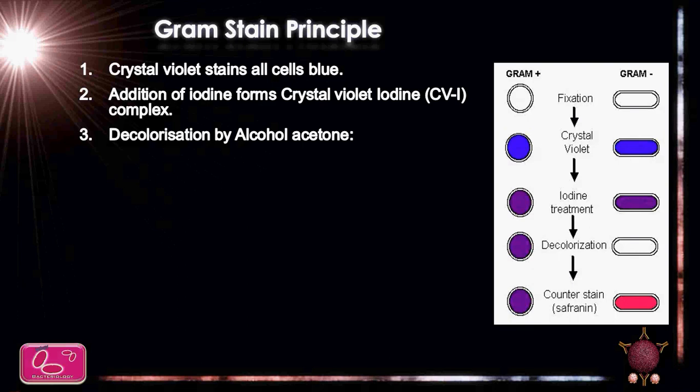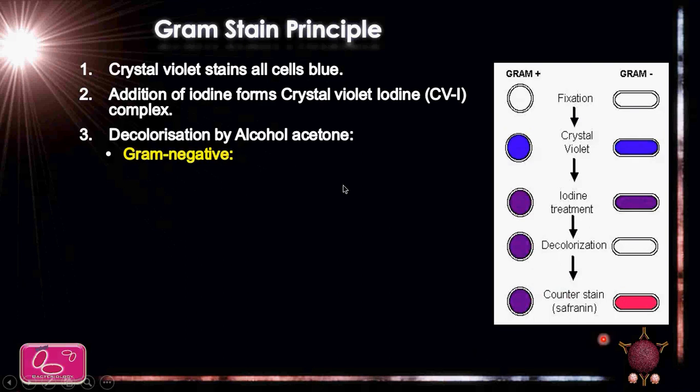In gram-negative bacteria, because the wall is composed of only one layer of peptidoglycan, the complex will be loosely fixed. How can we test the firmness of the fixation of the crystal violet iodine complex? We try to decolorize it. We try to remove the crystal violet iodine complex using alcohol and acetone.